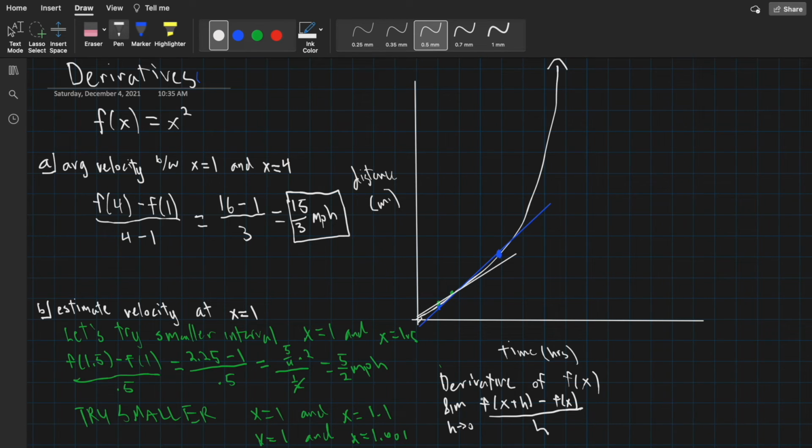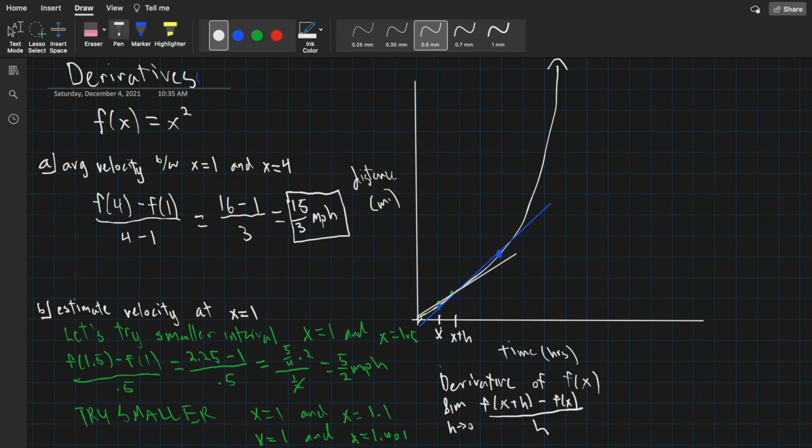We're looking at some x value. So let's think of x equals 1. And then we're talking about x plus h, which is another x value. So we can think of this as x, and then we can think of this point as x plus h. So we're saying, give me 2 points that are really nearby each other.